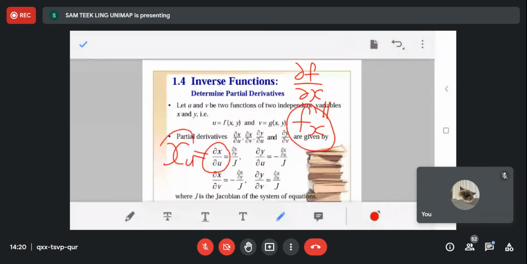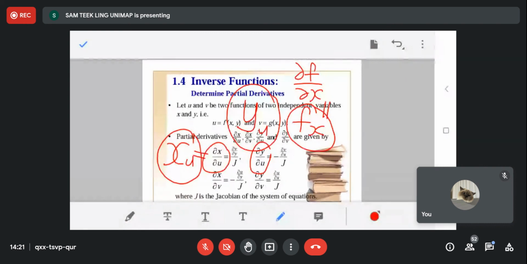So this form is also the same. Differential x with respect to u. So for this one, differential y with respect to u, they can give you the simple form. They didn't write out del y del u, they give you this one. It's also the same. Don't say you don't know.